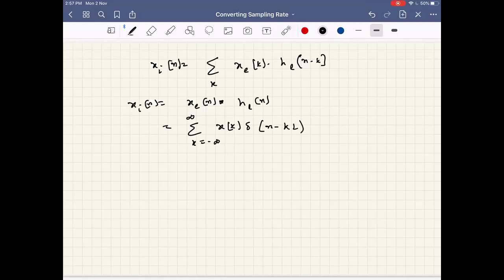This is what x_e of n is in terms of x of k, convolved with h_L of n. And you know that convolution with any delta function is the same function shifted by the argument of the delta function. Hence you can write this as summation over k of x of k times h_L of n minus kl.